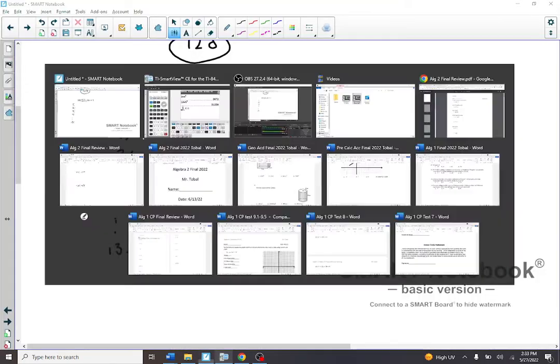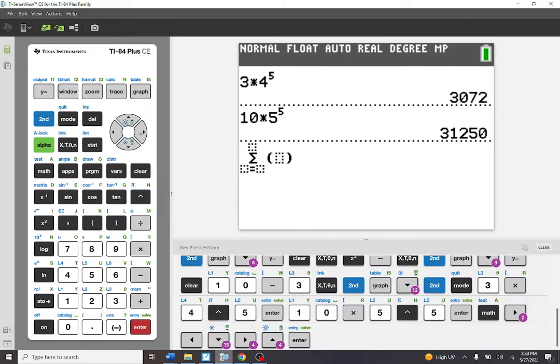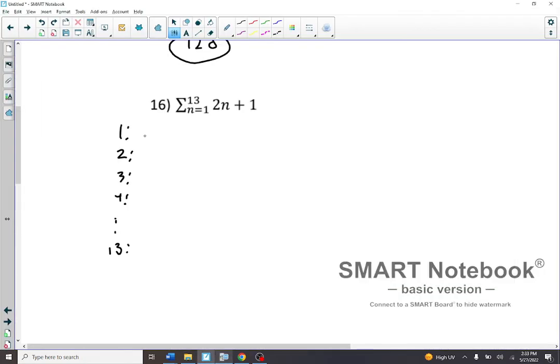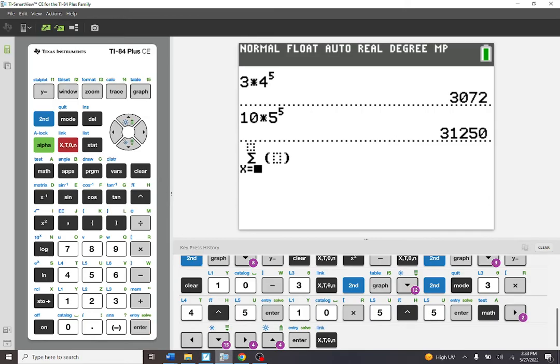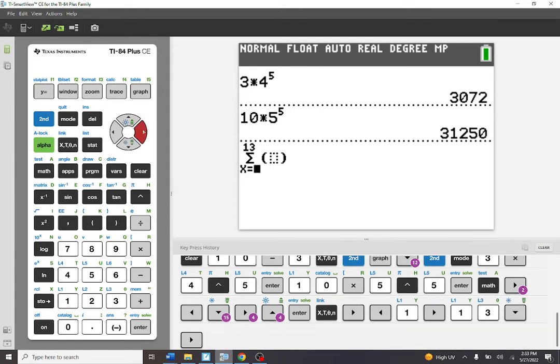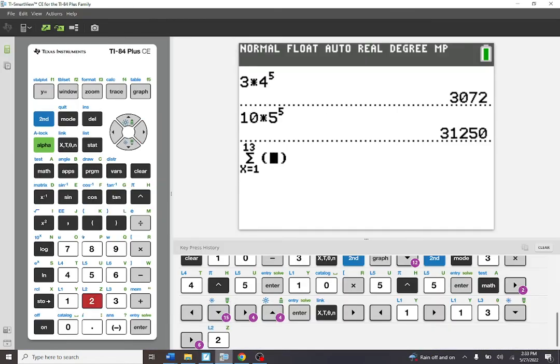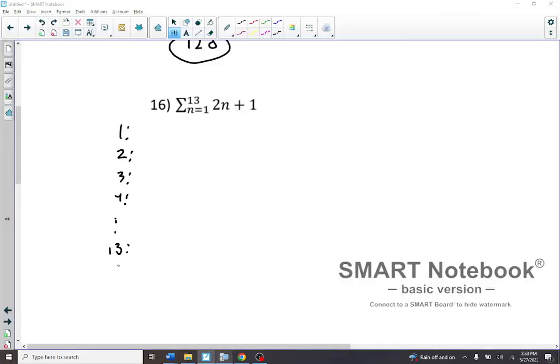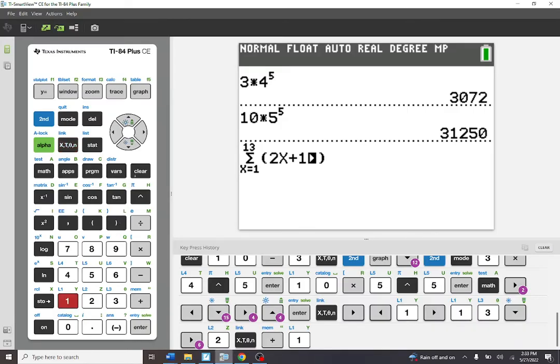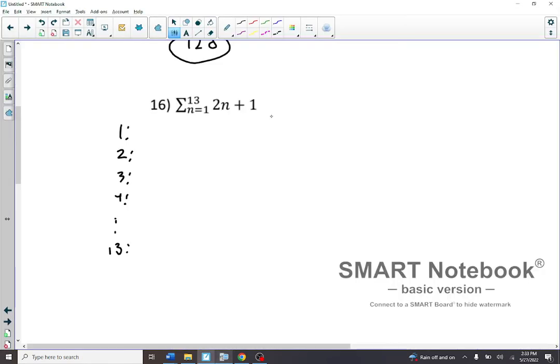If you have the fancier calculators, it looks nicer. I'm going to put x equals 1 in this case. The next number is 13. And then I'm going to plug in the equation, which is 2x plus 1. Press enter, and that gives me 195.